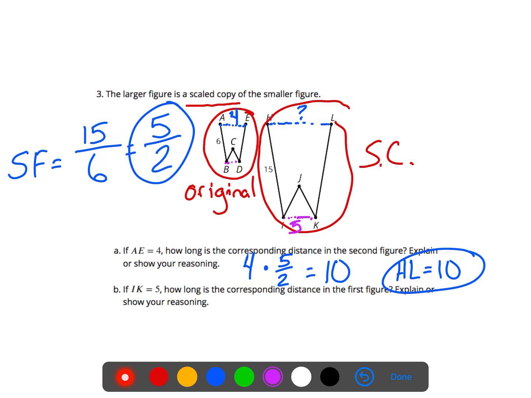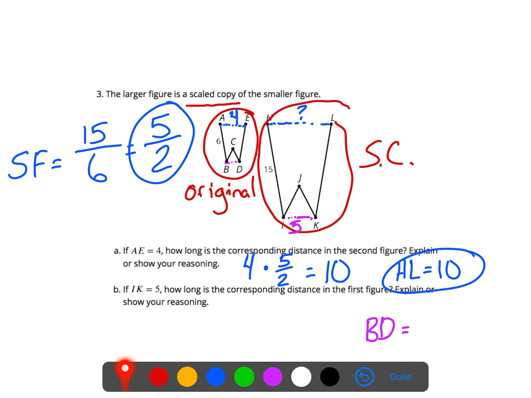So that's going to be the distance from B to D. All right, what we're going to have to do is work backwards. So instead of taking a measurement on the original and multiplying by the scale factor like we just did, we're going to work in reverse by taking the distance on the scaled copy and changing it back to the distance on the original. Now there's 2 ways to do that.